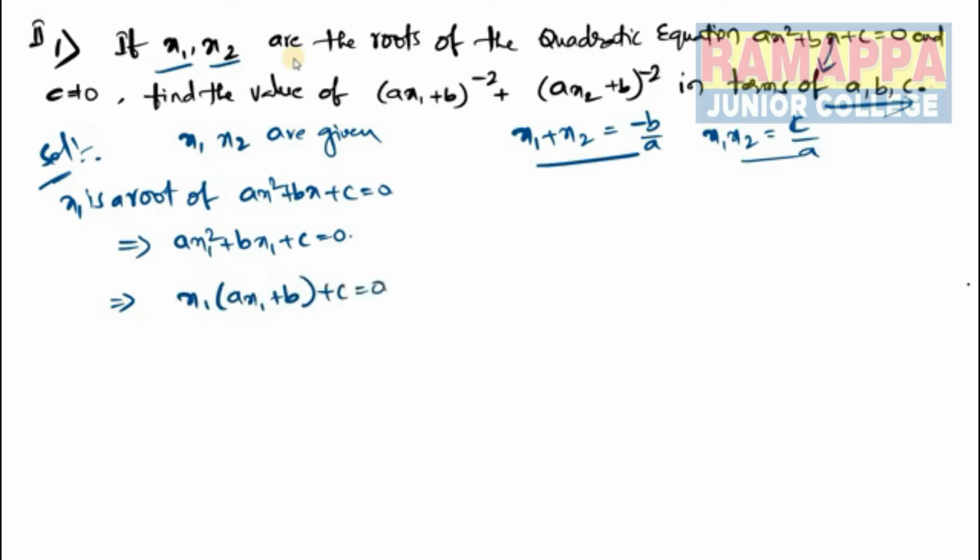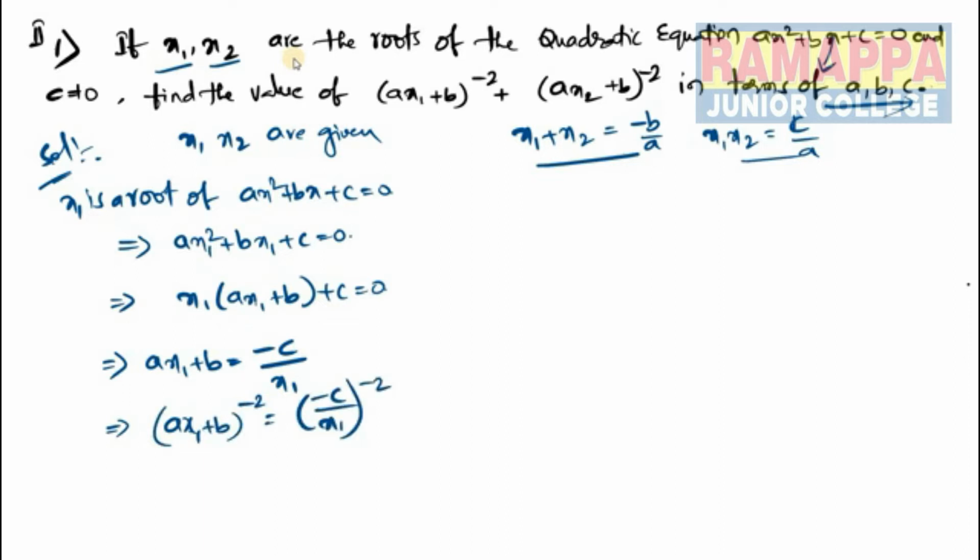Bringing c to this side, ax1 plus b is equal to minus c by x1. We have to find (ax1 plus b) whole power of minus 2, so I raise both sides to the power of minus 2: (ax1 plus b) whole power of minus 2 is equal to (minus c by x1) whole power of minus 2.